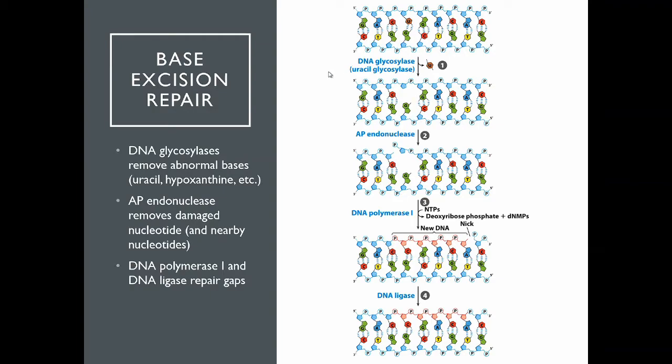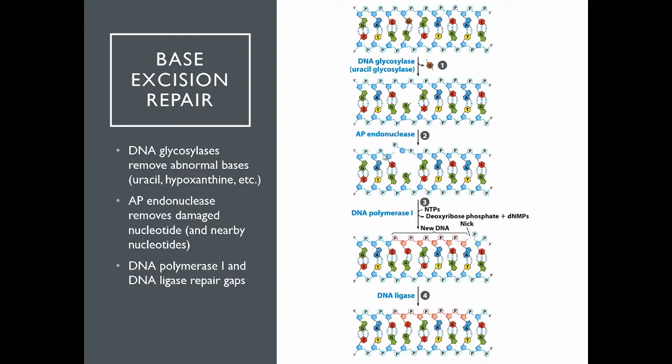That's called base excision. So there are enzymes, for example, that recognize the common sorts of abnormal bases like uracil or hypoxanthine, and these enzymes are called AP endonucleases. AP means apurinic or apyrimidinic, because they can remove either purines or pyrimidines, but they just remove the base. Now they don't remove the backbone.